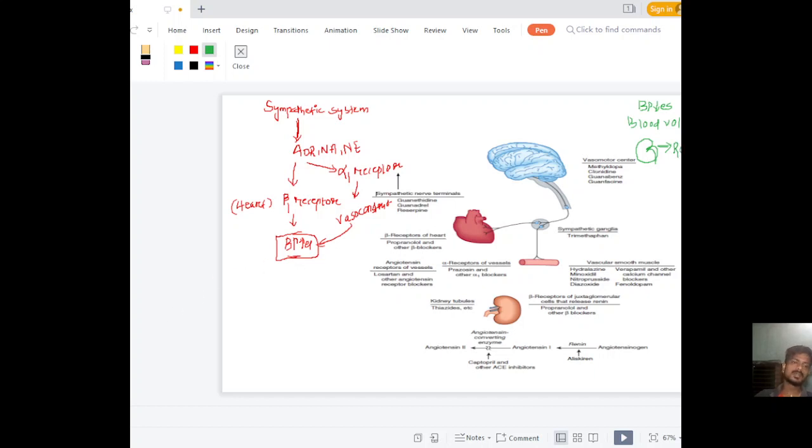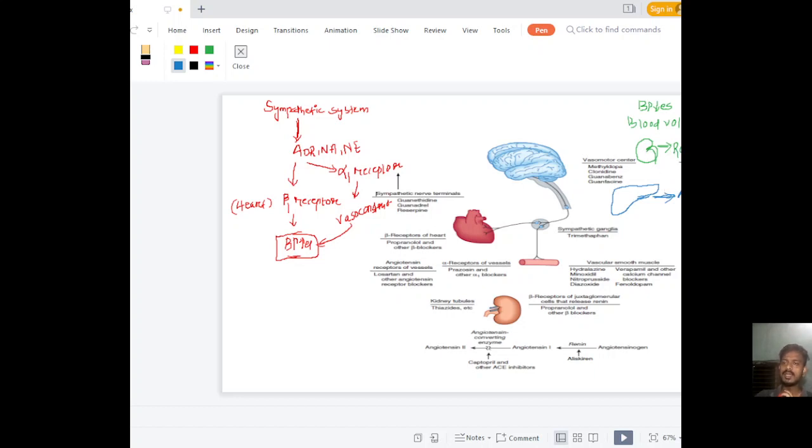The liver synthesizes a compound called angiotensinogen, which is basically an inactive compound.